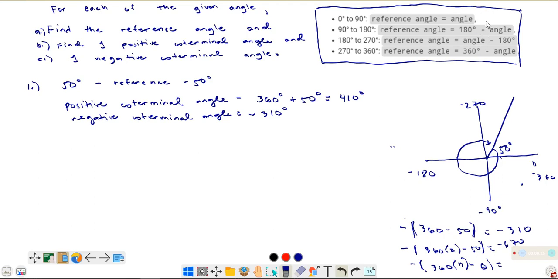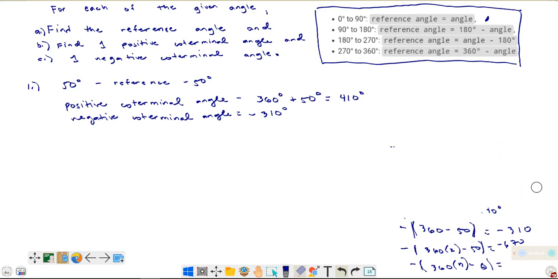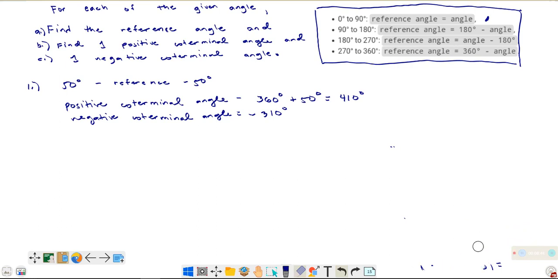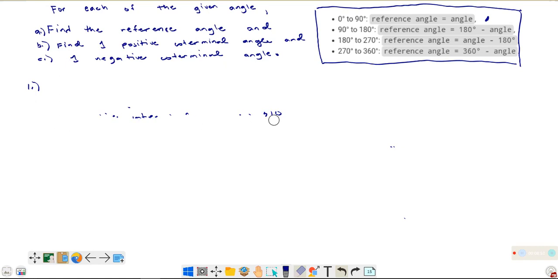So, case 1 tayo. Yung reference angle is equal to the angle itself because it is 0 to 90 degrees. Gawa tayo ng susunod na case. Paano kung 90 to 180 na yung given na angle? Ano bang magandang angle between 90 and 180? 170. Madaling i-compute.